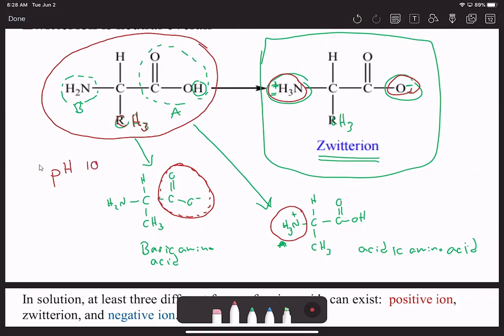If I put this into a solution with a pH of 10, well, according to our pH scale, and actually let me make it a little bit higher here, make it more obvious.